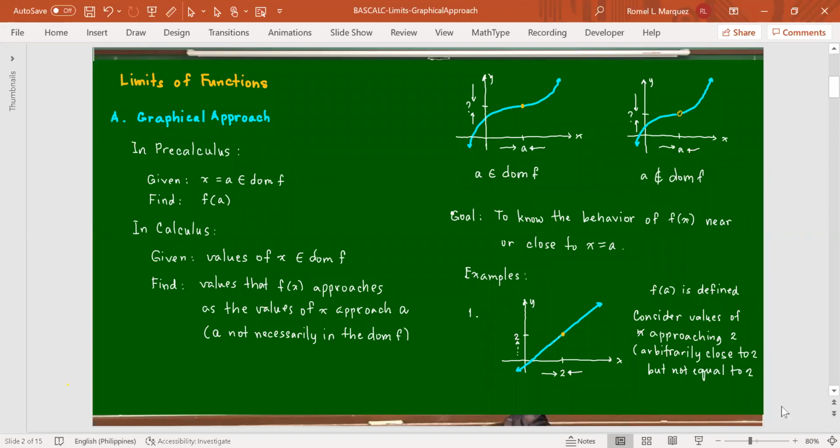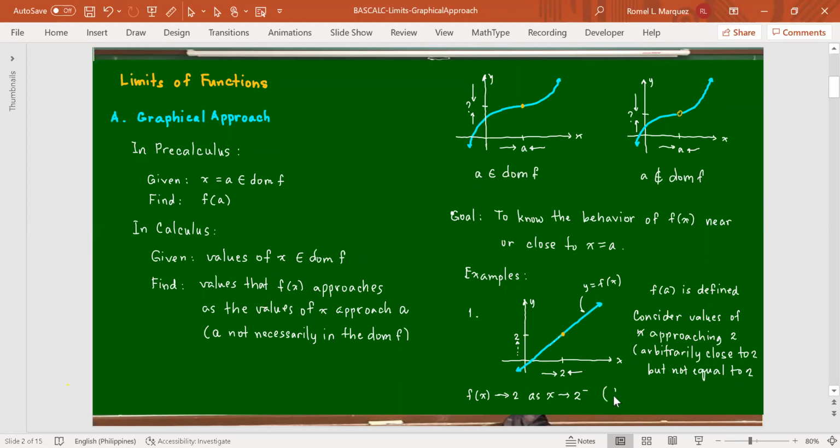Okay? So that behavior, I can write: this is my y equals f of x. As f of x tends to go to 2 as what? As x approaches 2 from the left.